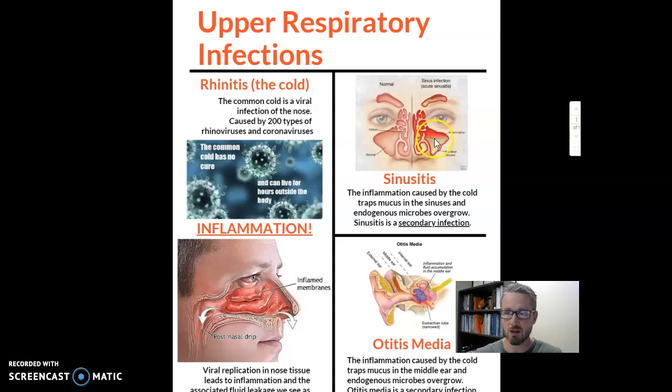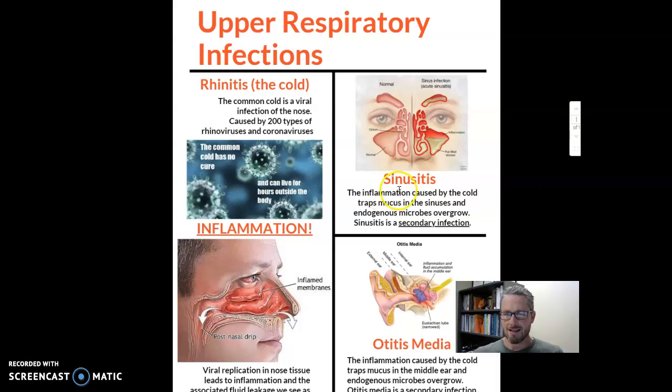That mucus then accumulates inside of our sinuses. That can create pressure and the sensations we experience with sinusitis. And then the bacteria that naturally live in our sinuses overgrow in that mucus, and we'll get an immune response to that overgrowth, including inflammation, perhaps some pus and things like that.